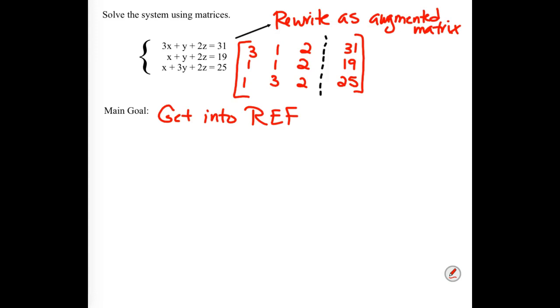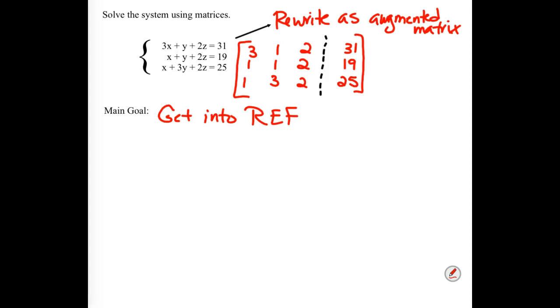My goal is to have the first column be 1, 0, 0. Yes? My very first number is a 3. Now, I could say I'm going to multiply that whole row by 1/3, but it's going to create a whole bunch of fractions for me in that row. And then I have to manipulate fractions to combine with other rows, and it gets messy.